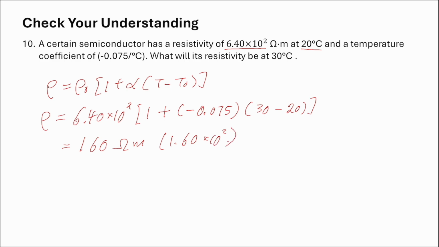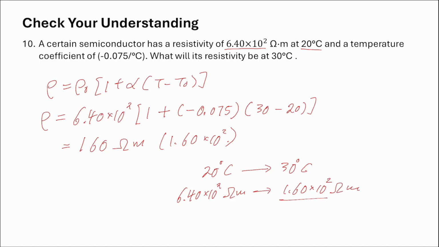So at 20 degrees, if it increases to 30 degrees, the resistivity of this semiconductor changes from 6.40 times 10 to the power 2 ohm meter to 1.60 times 10 to the power 2 ohm meter. It means it reduces. Therefore, the temperature coefficient for a semiconductor is a negative number.